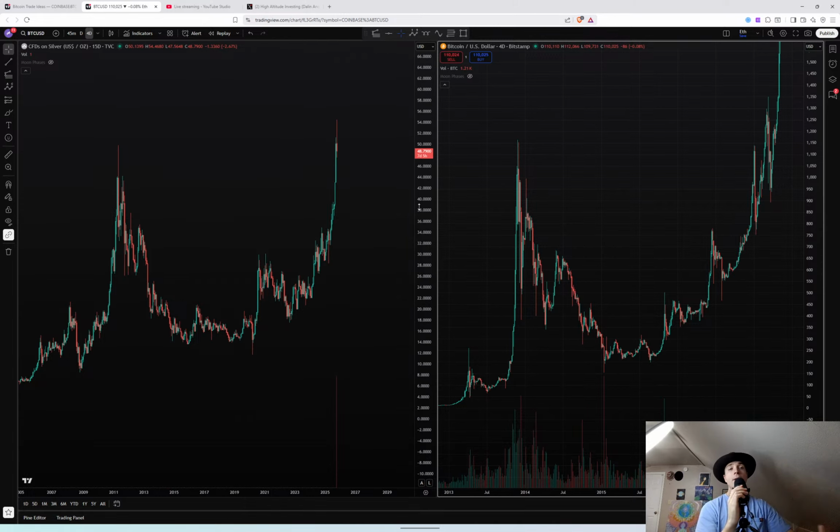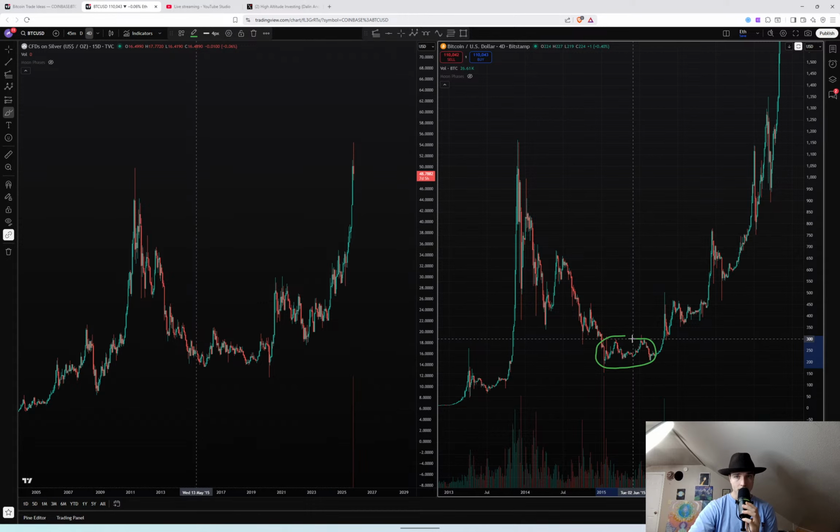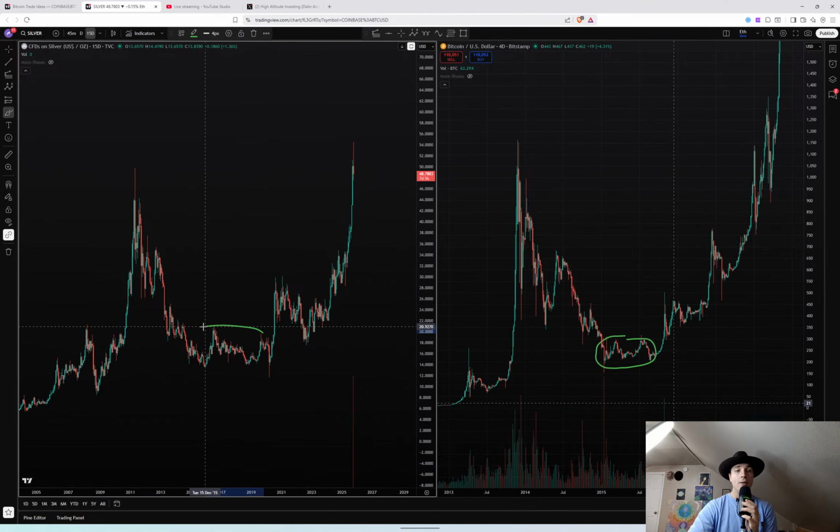It looks like a bigger version of Bitcoin. And that's exactly what has happened since 2017, since I compared the bottom that formed on Bitcoin here in 2015 to silver over here in 2017.